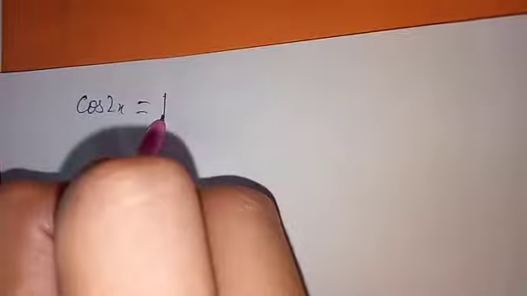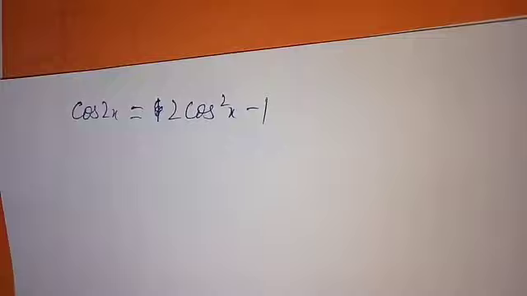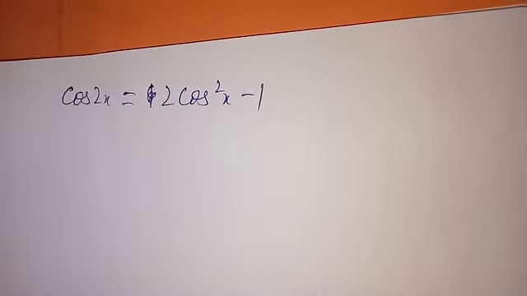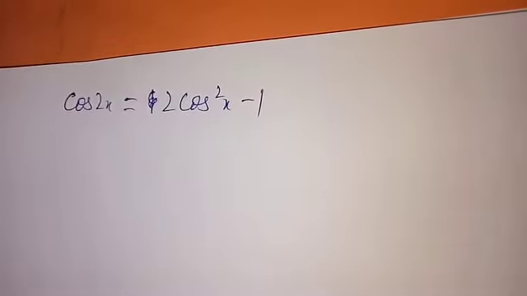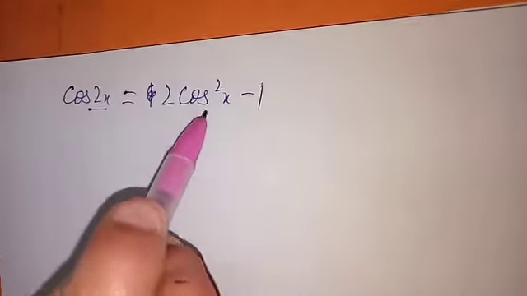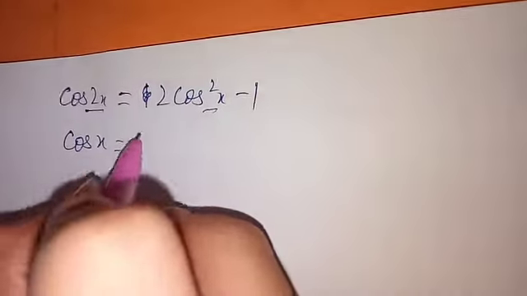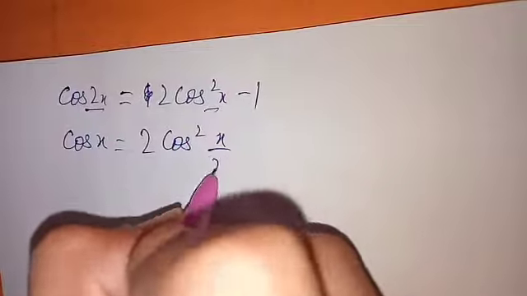So next what we will do, we know that cos 2x is equal to 2 cos square x minus 1. It is one of our formulas of cos 2x. And if I halve the angle, only the angle, then I will get cos x is equal to 2 cos square x by 2 minus 1.